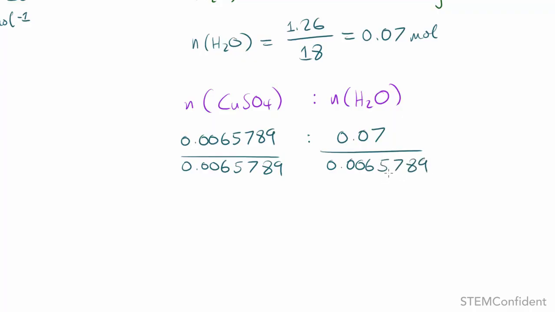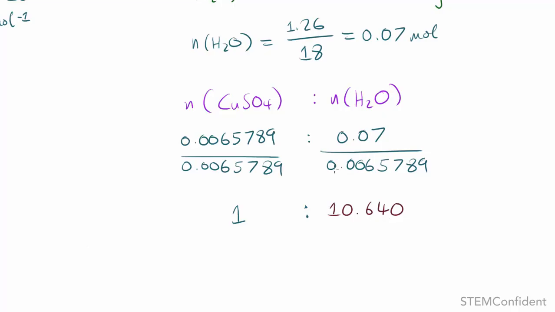On this side we're dividing that value by itself, so we get 1. On the right hand side, if you have a go with your calculator, what you should find is that you get 10.640.